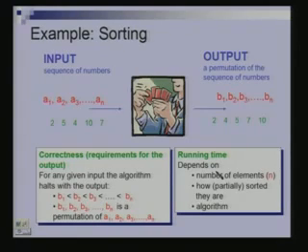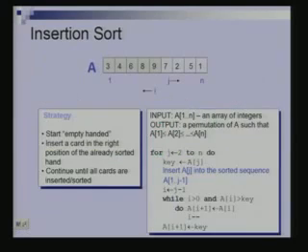Okay, and the first sorting technique we are going to use is one that you have used very often, let's say when you're playing a game of cards. What is the strategy you follow when you are picking up a set of cards that have been dealt out to you? You like to keep them in a sorted order in your hand.